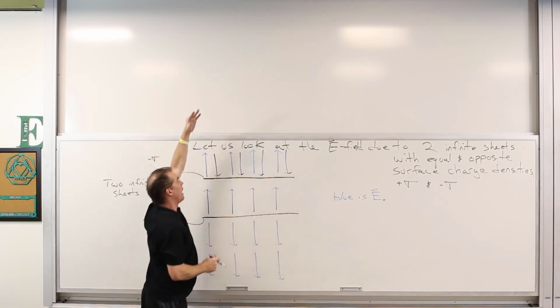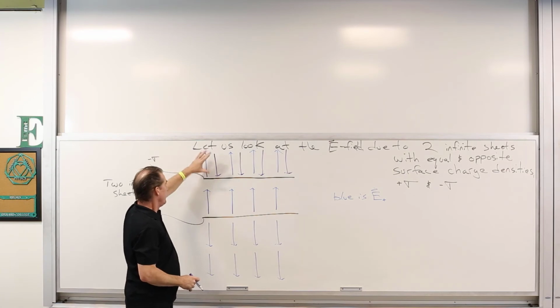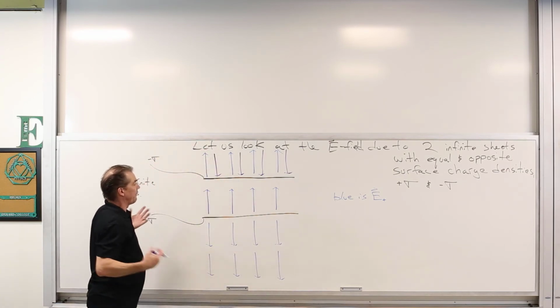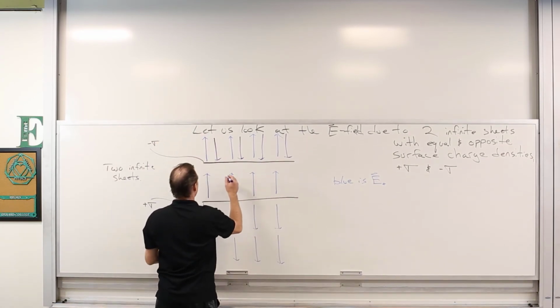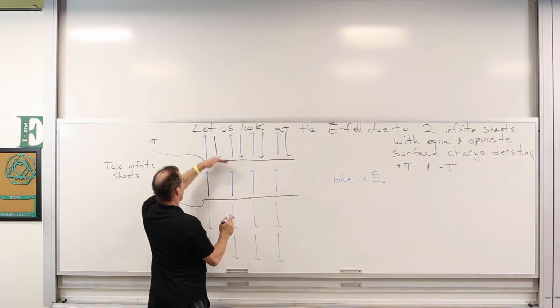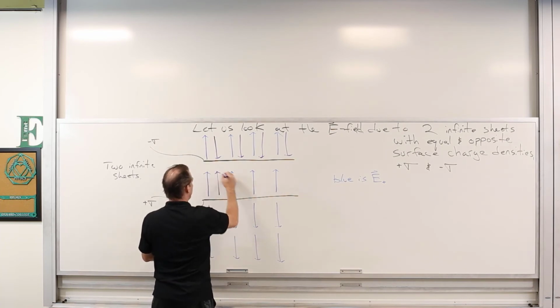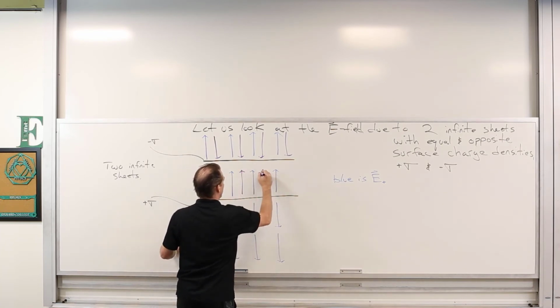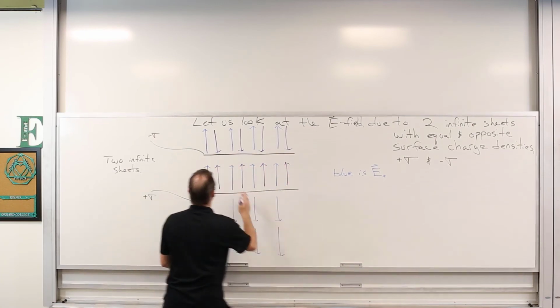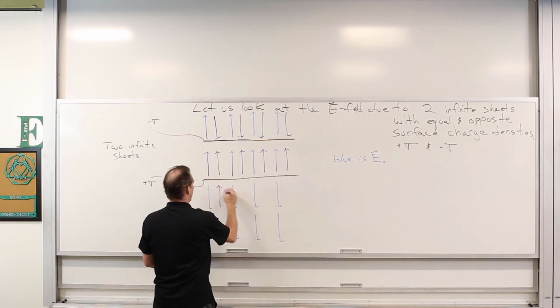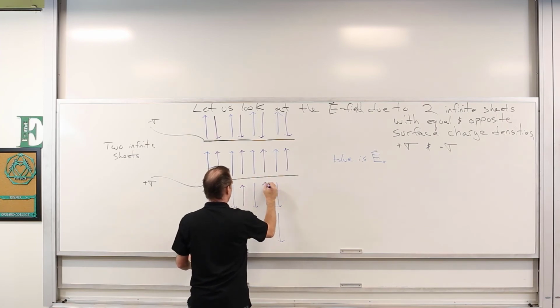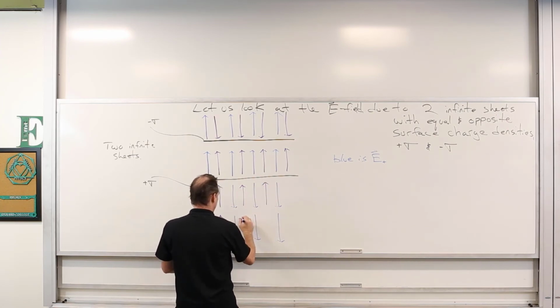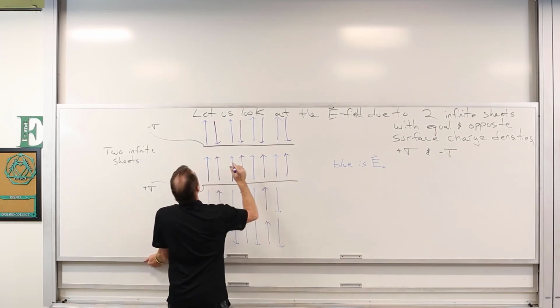No matter how far away we are from it, the electric field would have a downward direction and would have the same magnitude. Here though, below the sheet, we get that it's up, up, up, and here we still get that it's up, everywhere.